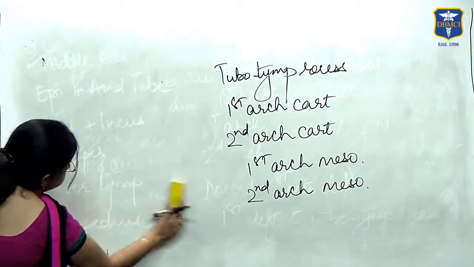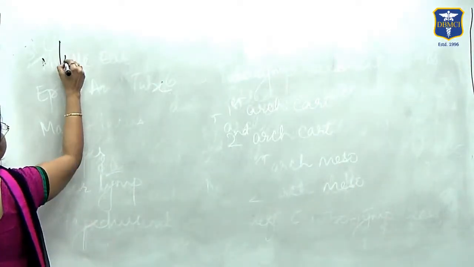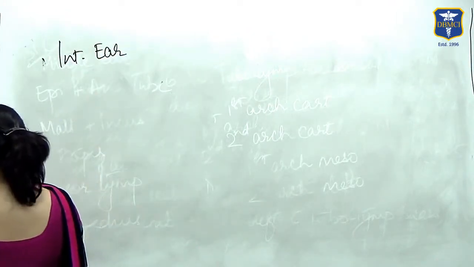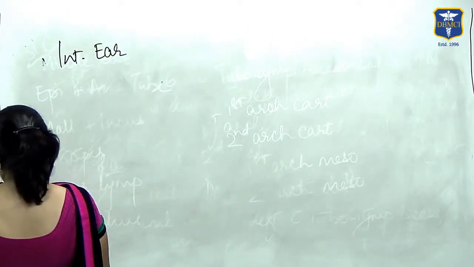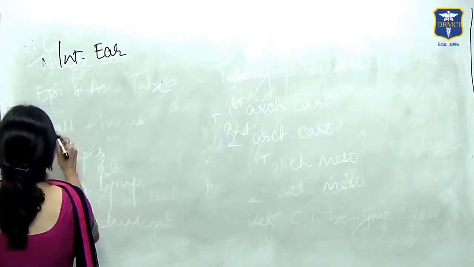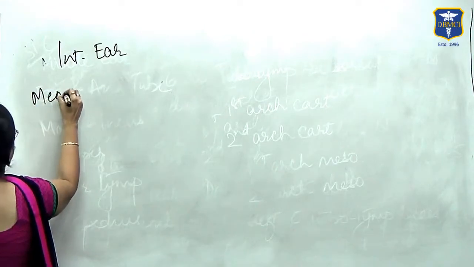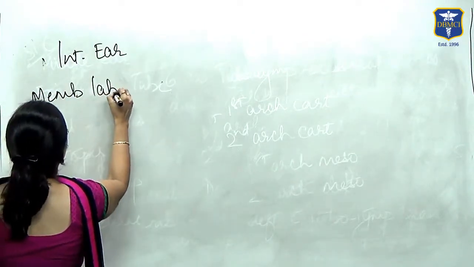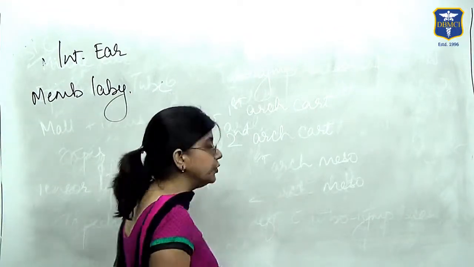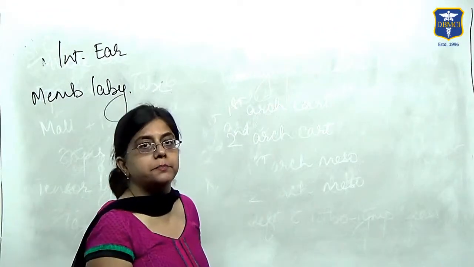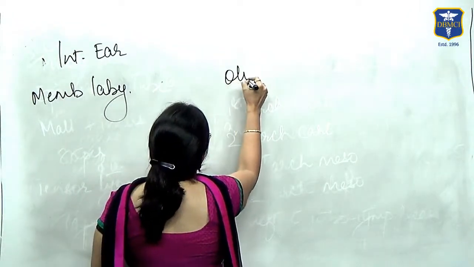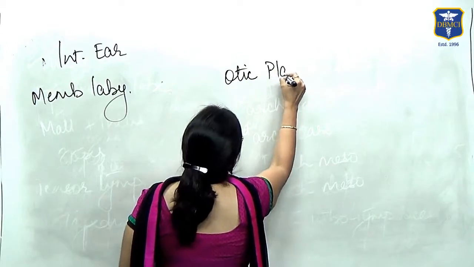Coming to the internal ear, the membranous labyrinth develops from the ectoderm overlying the hindbrain, which forms the otic placode and then the otic vesicle.